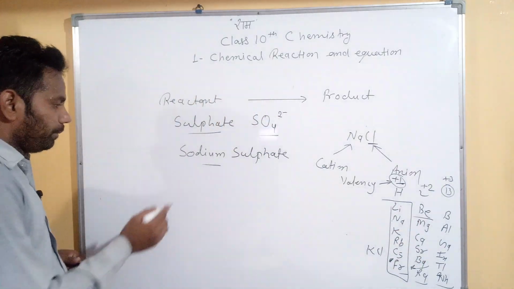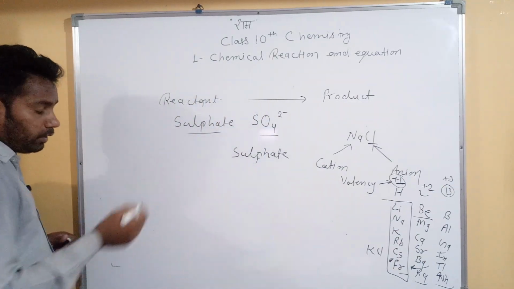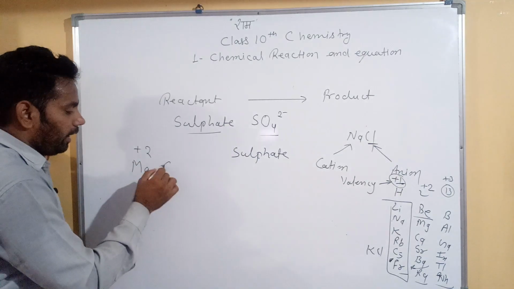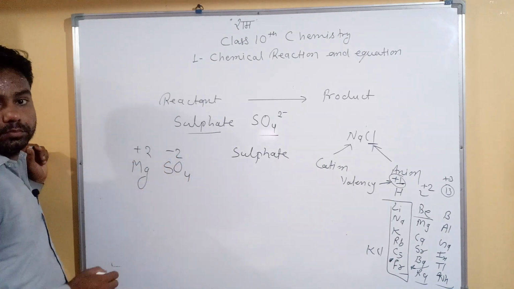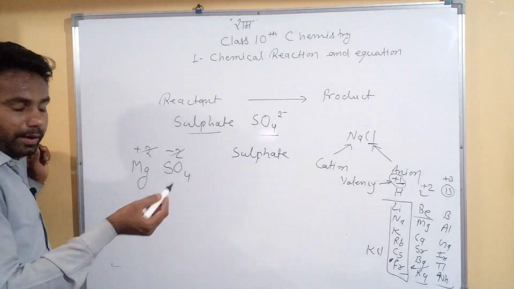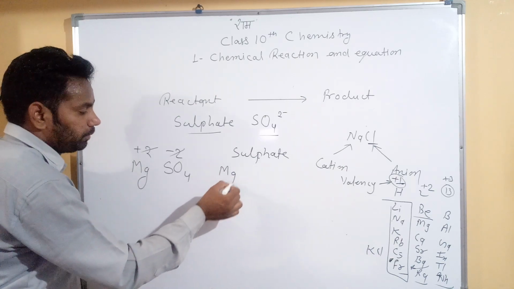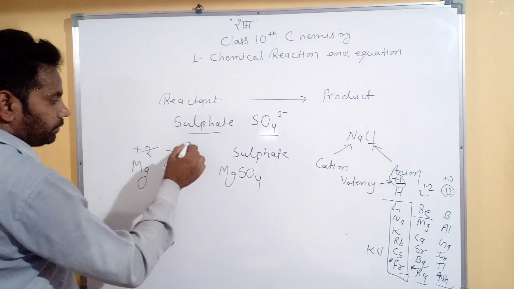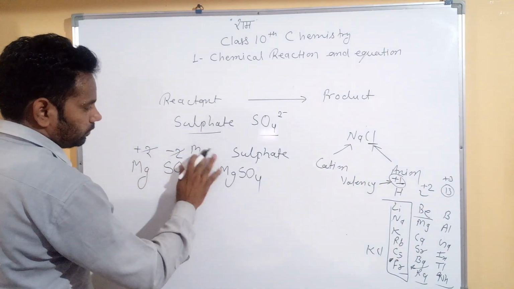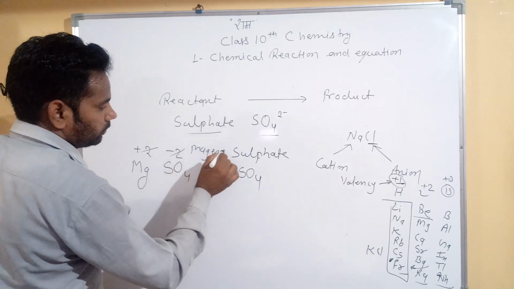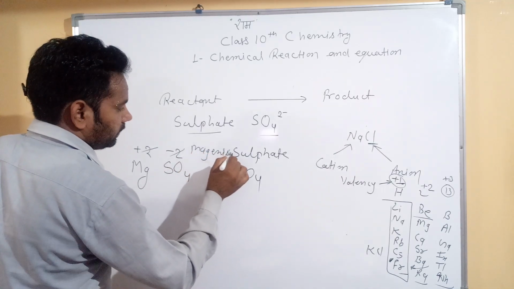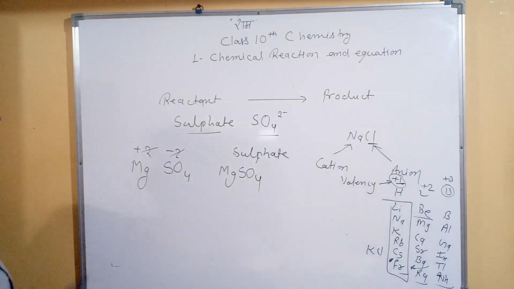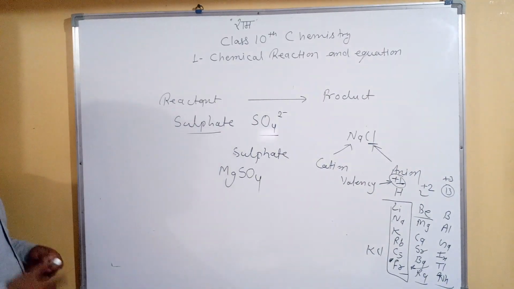Next, the formula of magnesium sulfate. Mg is +2, SO4 is -2. Then cross multiply, so +2 and -2 cancel. The formula of magnesium sulfate is MgSO4. Then next is calcium sulfate.